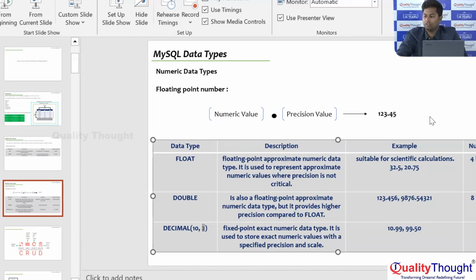So this is all about precision and floating point numbers. When a particular column is going to hold a floating point number, you can choose either float, double or decimal as the data type. Which data type to choose, and when, is something you have to decide very consciously.